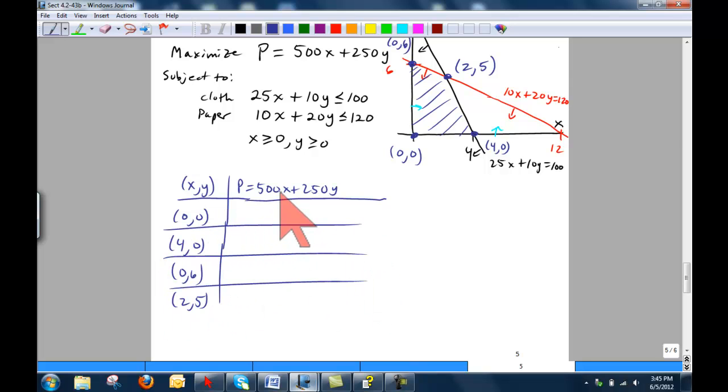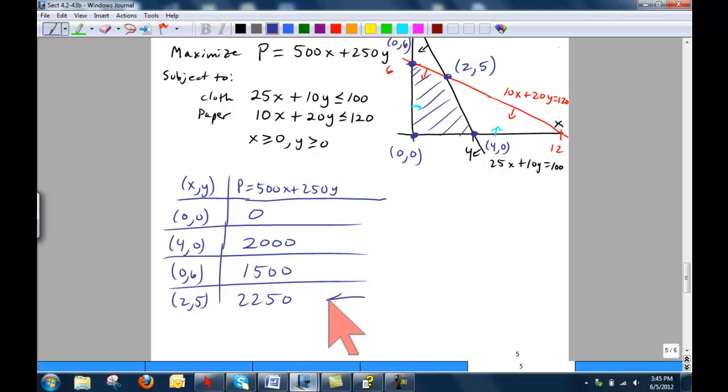And 0, 0 plugged in here gives 0 profit. 4, 0 plugged in gives 2,000. 0, 6 plugged in gives 1,500. And 2, 5 plugged in gives 2,250.